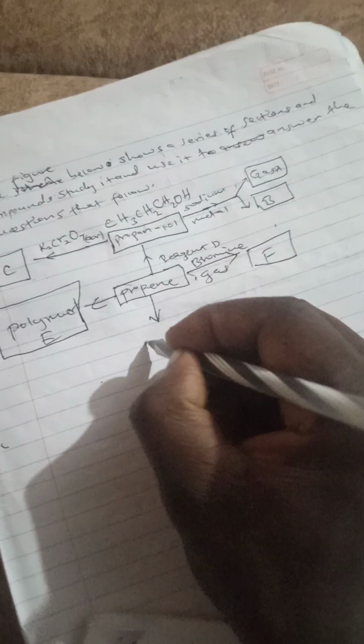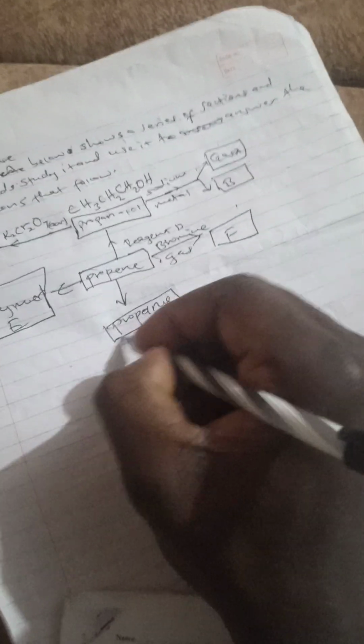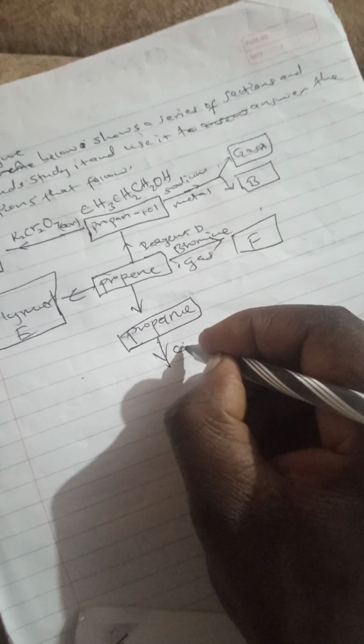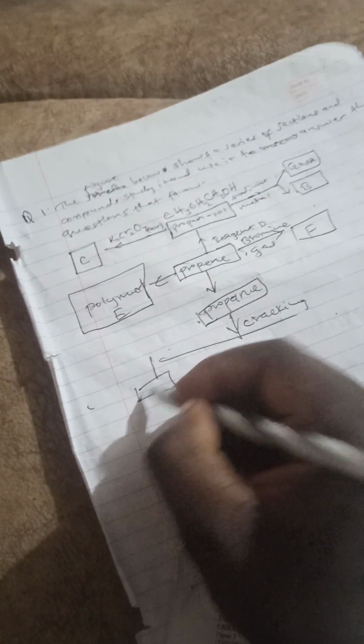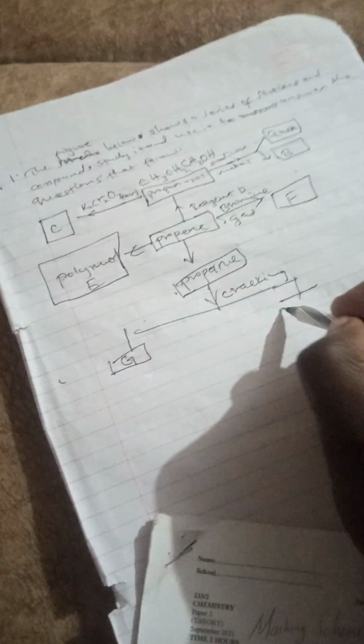After that, we will come here, and there is something known as propane, because here is propene and here is propane. There is something here known as cracking in between, and we have another one here. Here is G, and there is something here known as methane.